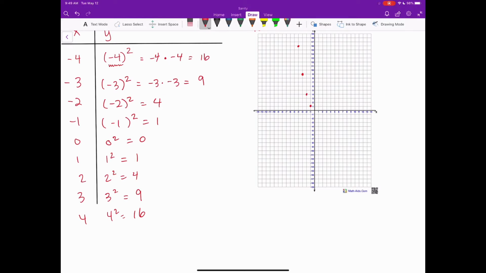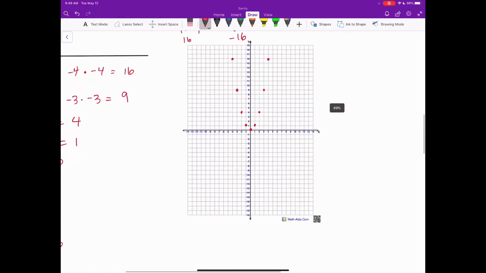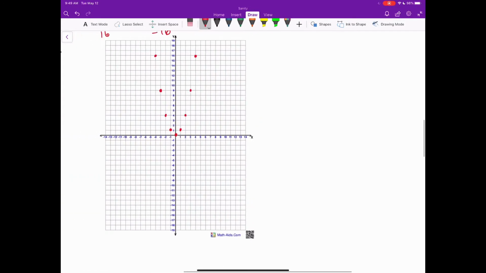Negative 1, 1, 0, 0. And then we see that it's kind of reflected on the other side of my y-axis. Very cool. So if I connect all those dots, that's going to give me this graph that looks something similar to this.